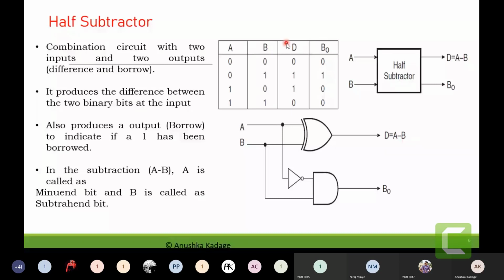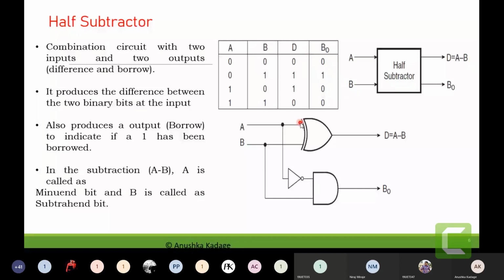Please remember this, friends. If I write B minus A for the difference, then the truth table output parameters are again going to change. For this truth table specification, we have taken the difference as A minus B. So you have to remember which process you are going to do, and according to that only, in the truth table the D and B0 columns you have to specify.